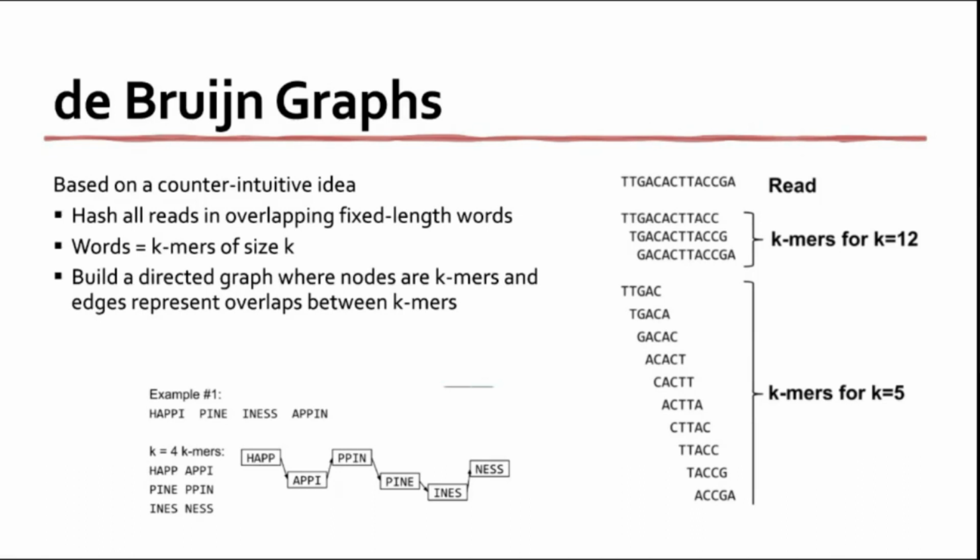A k-mer is basically a word count. When we have a read sequence, we take the word count over it. In this example I put the words happy, pines, ins, and apins.